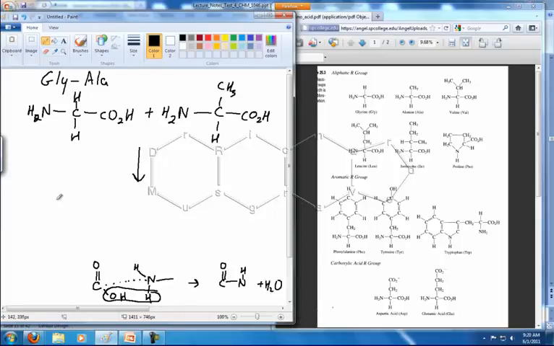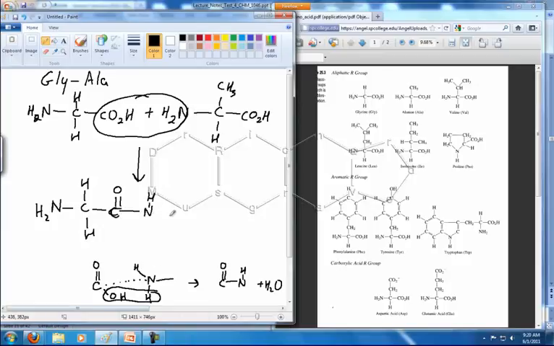Alright, so we're going to do the same thing up here, and we'll apply that very pattern to these groups right here, the CO2H and the NH2. Everything else will remain the same on the compound. Alright, so there's our C double bond O joining to our NH, so we're just applying this pattern right down here.